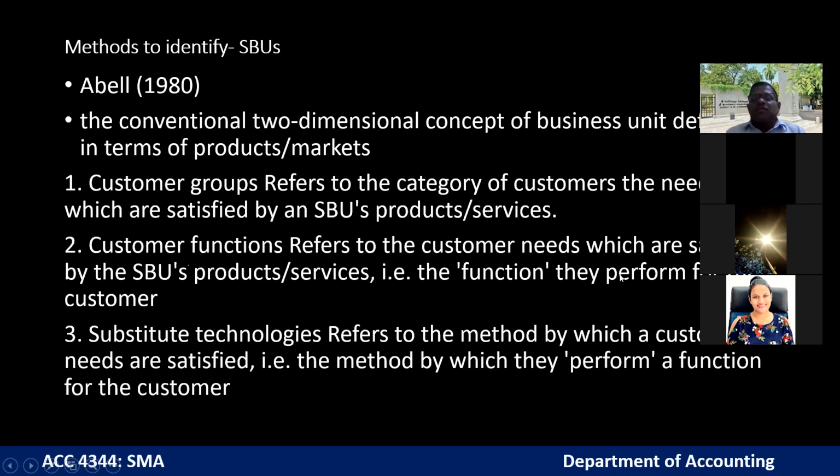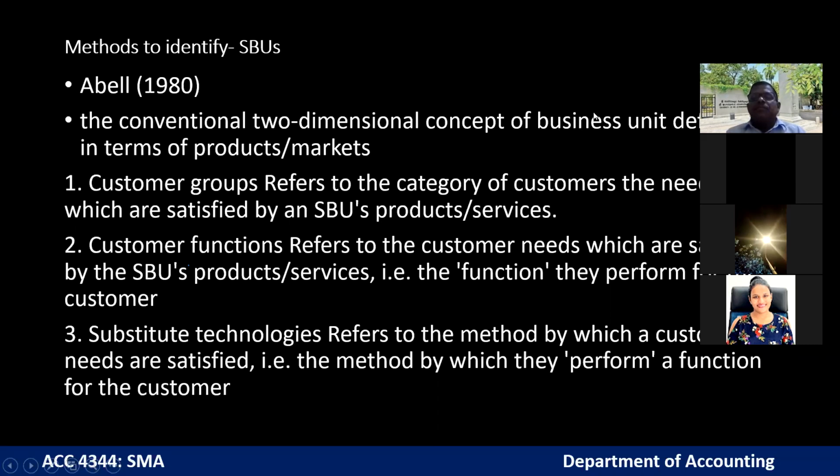Customer functions refers to the customer needs satisfied by the product, the function performed, and substitute technologies refers to the method by which customer needs are satisfied. So by using these three methods, you can define an SBU according to Abell 1980. You can read this article even if you download this. We call it the two-dimensional business concept.